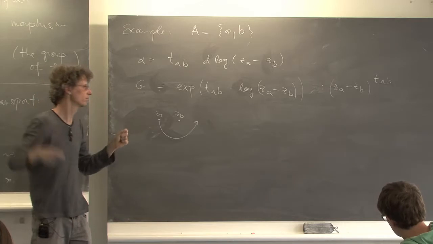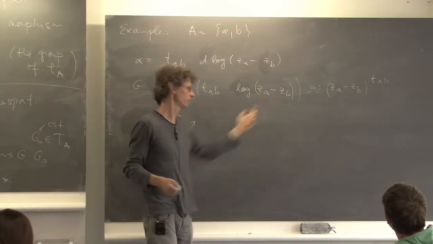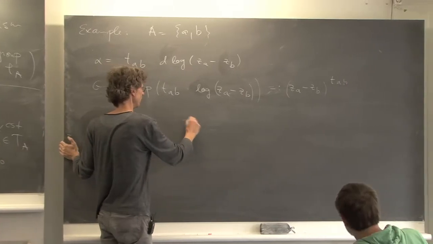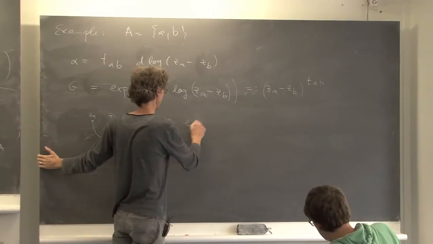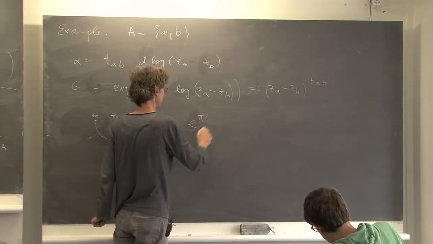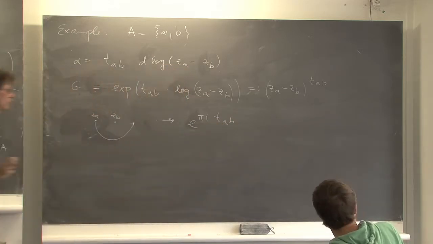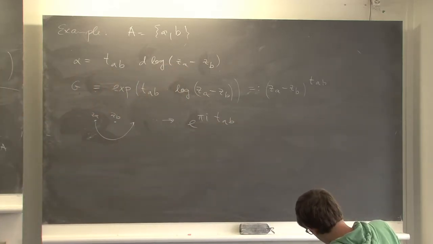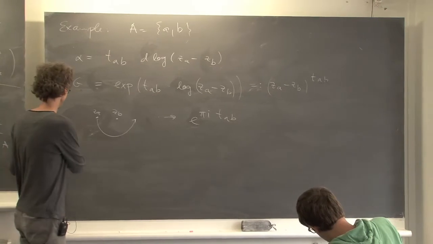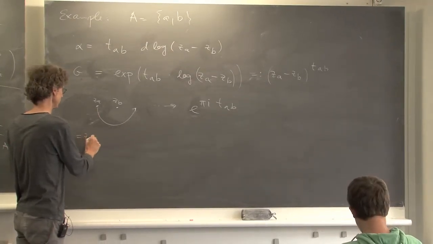What happens then? Just look at what happens in this case. So this will give us exponential e and pi I times TAB.